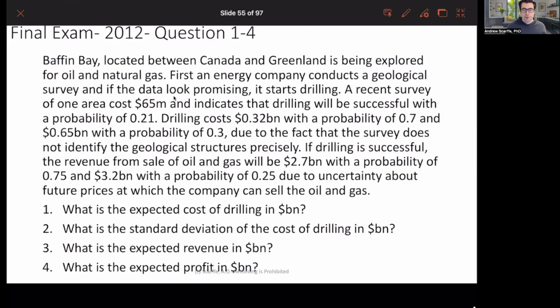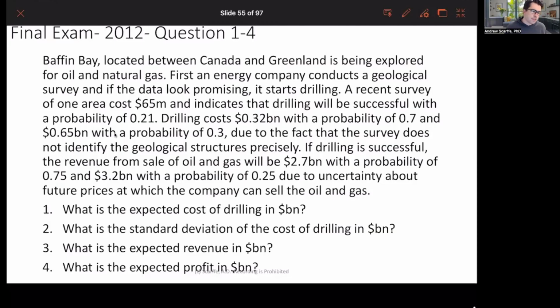Drilling costs $0.32 billion with a probability of 0.7 and $0.65 billion with a probability of 0.3 due to the fact that the survey does not identify geological structures precisely. In other words, it may be easier or harder to drill through the rock. And that will inform our drilling cost.